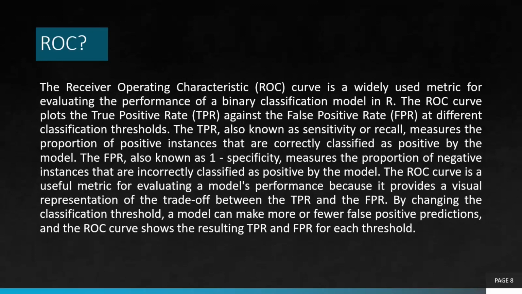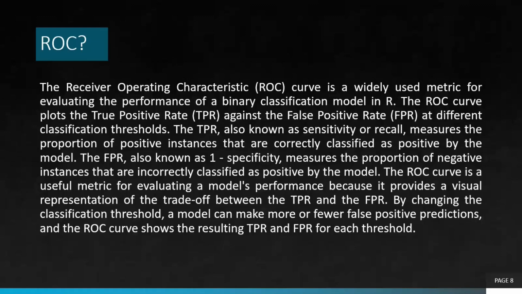The TPR, also known as sensitivity or recall, measures the proportion of positive instances that are correctly classified as positive by the model. The FPR, also known as 1 minus specificity, measures the proportion of negative instances that are incorrectly classified as positive by the model.